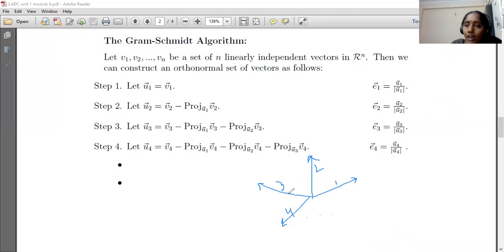All these are linearly independent vectors. Now we are converting them into orthogonal vectors. Further, I am just considering a vector V1 is this one and another linearly independent vector V2 is this one.